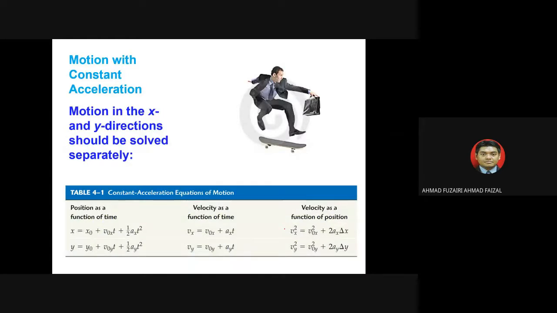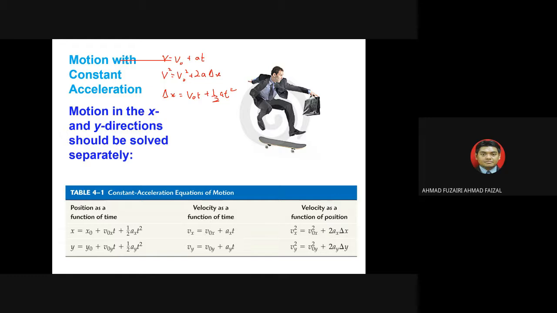When we talk about motion in two dimensions, hopefully you are already familiar with the equations, for example, v equals v naught plus at; v squared equals v naught squared plus 2a delta x; and the last one, delta x equals v naught t plus half at squared.